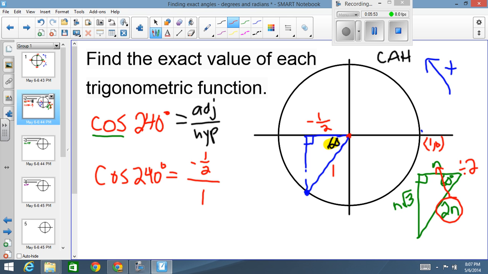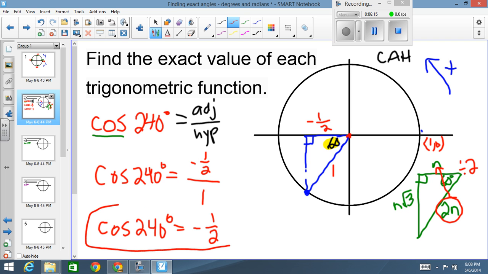Now, any number divided by 1 is just that number. So think about 8 divided by 1 is just 8. 10 divided by 1 is just 10. So if I do negative 1/2 divided by 1, well, it's just negative 1/2. And that's the value of the cosine of 240 degrees.